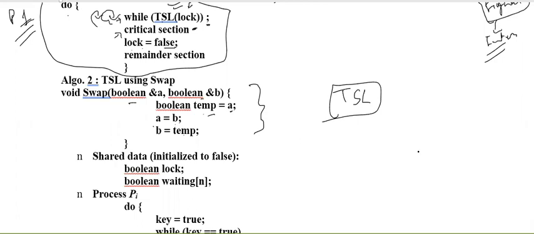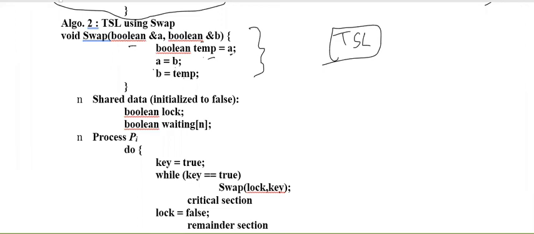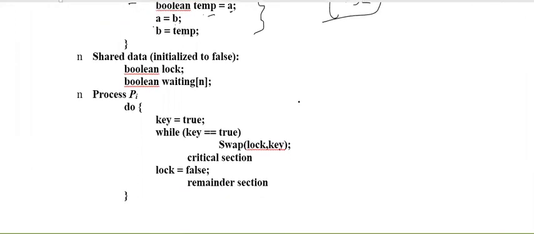Now how are we going to deploy it? Let's check how to use it. This is the code of one process. Each and every process has its own key.